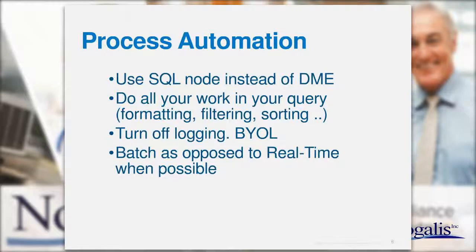I don't like getting security errors within my process flows. So what I'd really suggest is using the SQL node to access your data if you're just doing queries, and it can be a lot faster, especially if you write a good query and maybe dump the result of that into a file that you're reading.